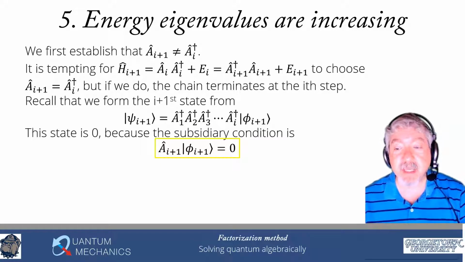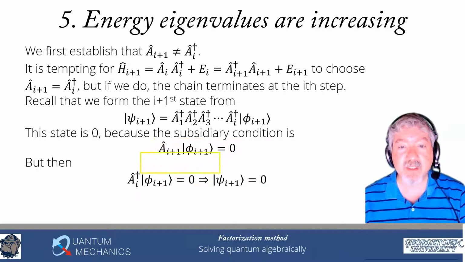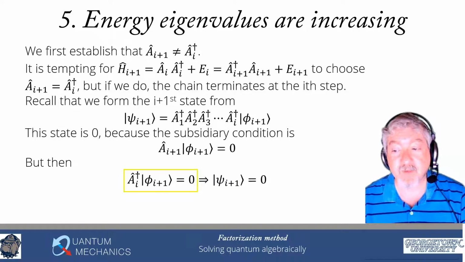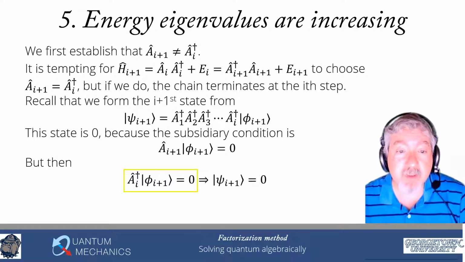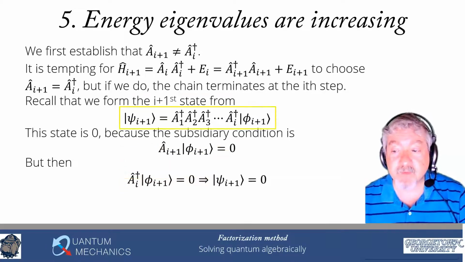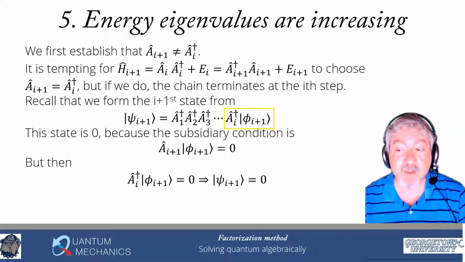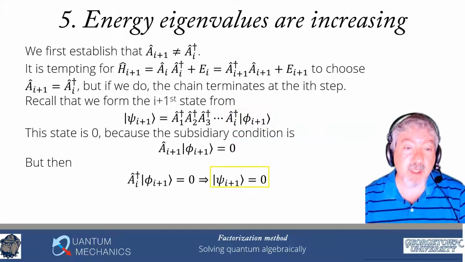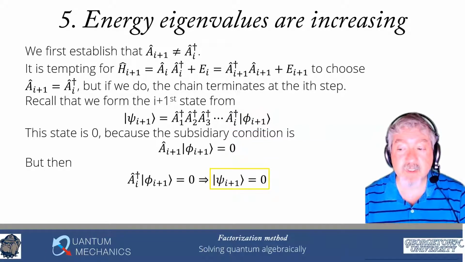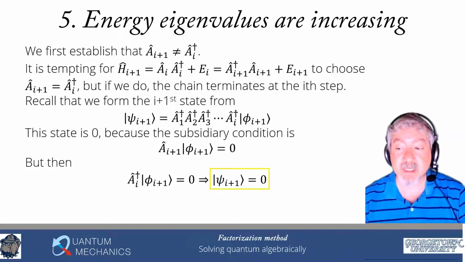And then if I replace A_{i+1} by AI dagger, you see then that AI dagger acting on phi I plus 1 is 0. But now look at psi I plus 1. That's the first operator hitting phi I plus 1. That means that's 0. That means all the other operators are going to be 0 as well. And so we find that psi I plus 1 is 0. I have no next excited state.